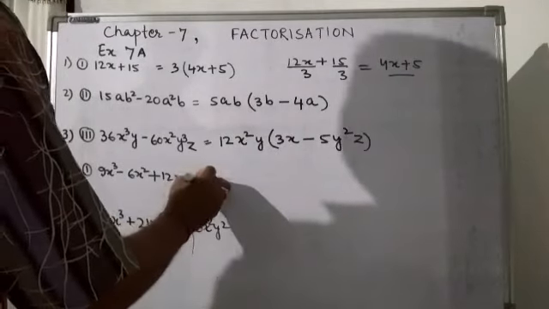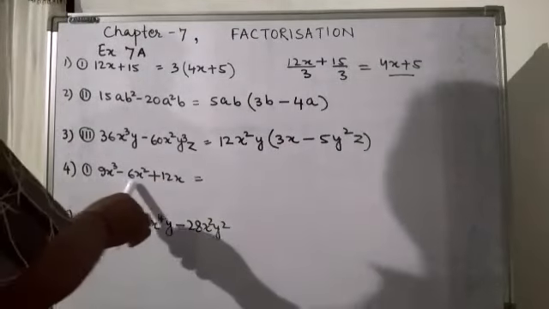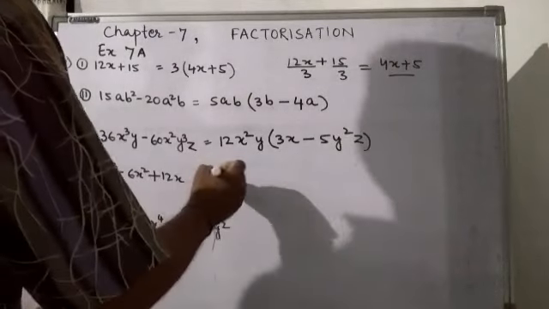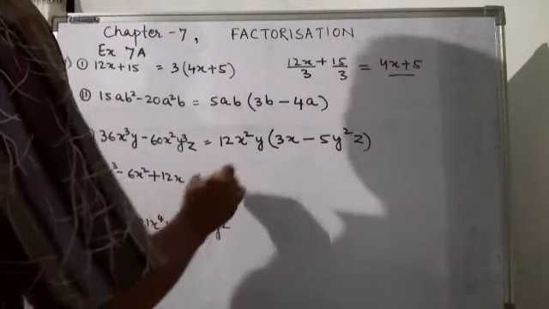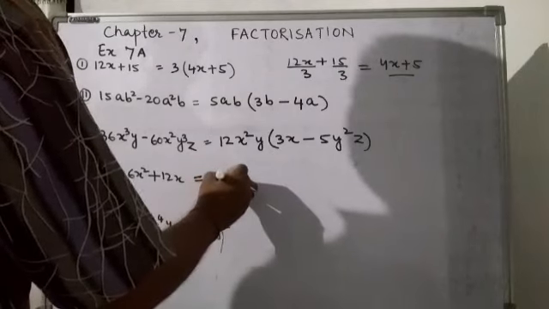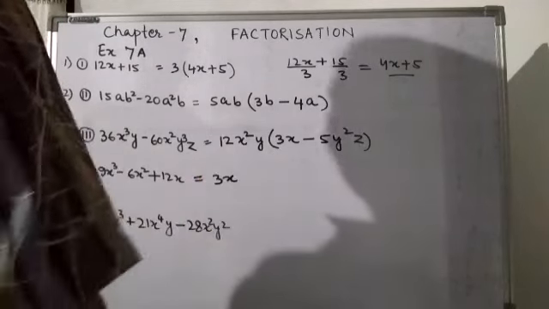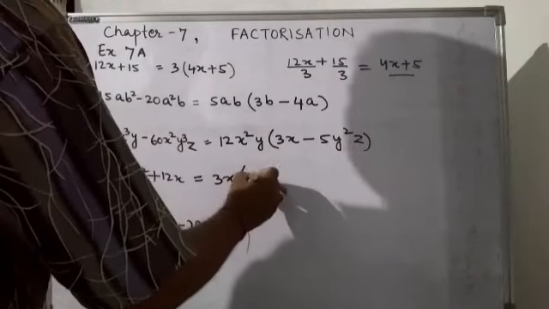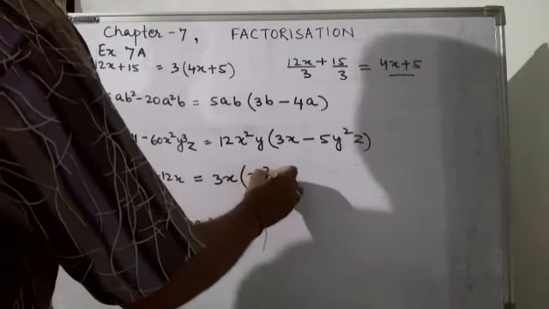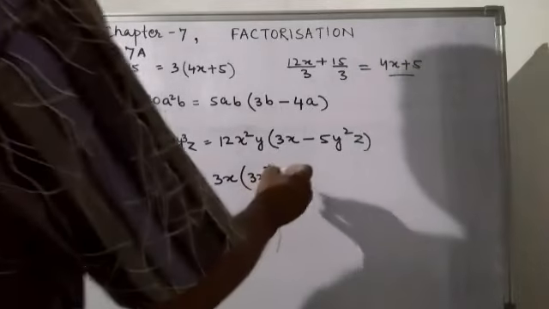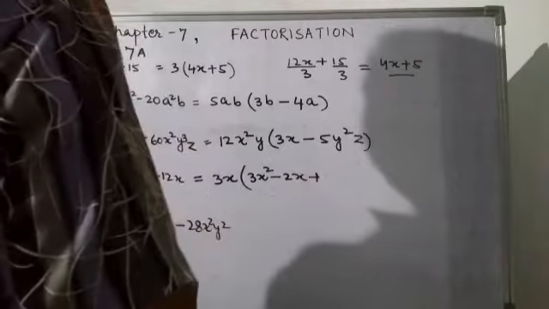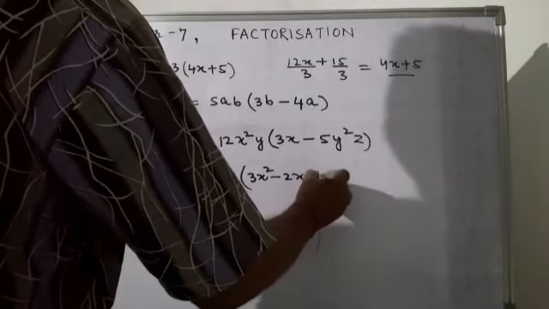Now again for the next question, that is 9x cube minus 6x square plus 12x. Here again we have to find the highest common factor, that is 3x, and the quotient is 3x square minus 2x plus 4.